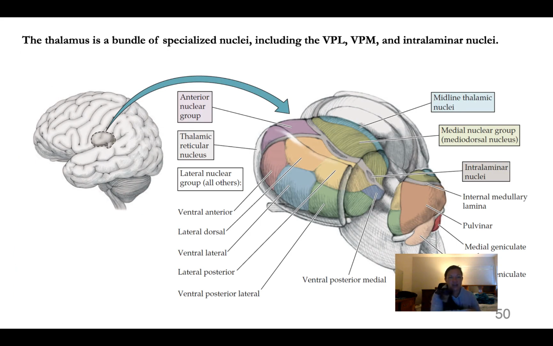Now, I know Sam has talked about the nuclei of the thalamus. So, before 426, we sort of consider the thalamus grossly as a nucleus. It's actually a bundle of specialized nuclei. And this includes the VPL, dealing with sensory information from the body, the VPM, dealing with sensory information from the face, and the intralaminar nuclei that have more integrative and different roles.